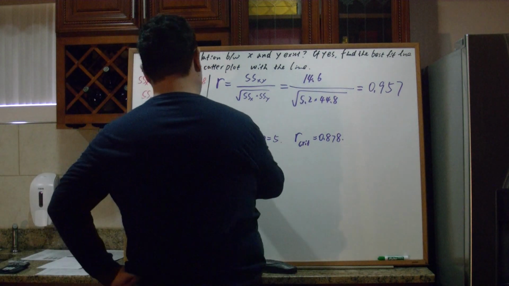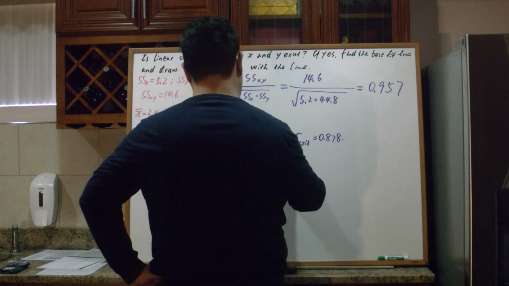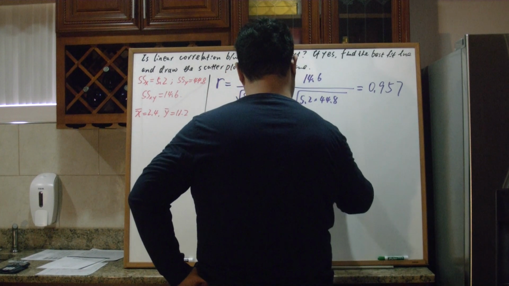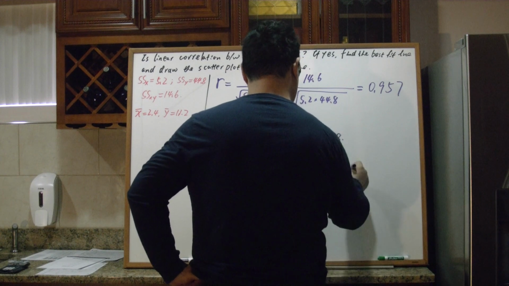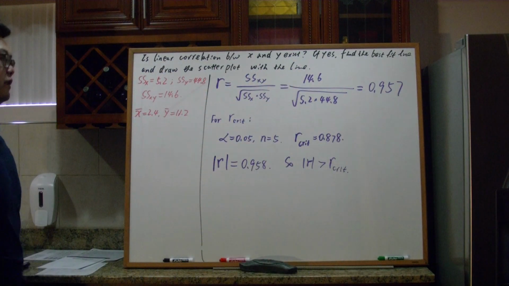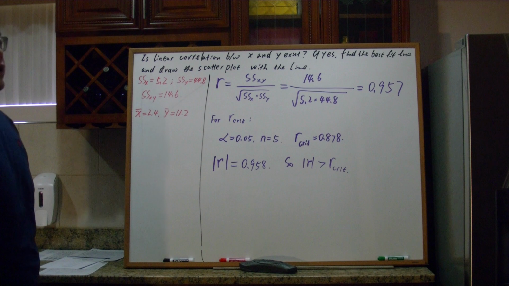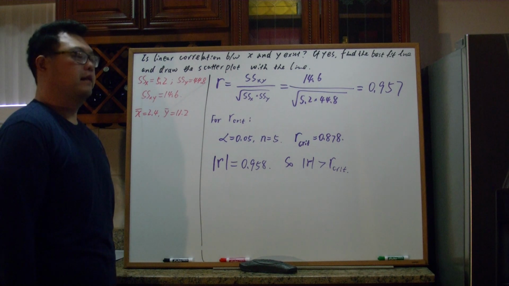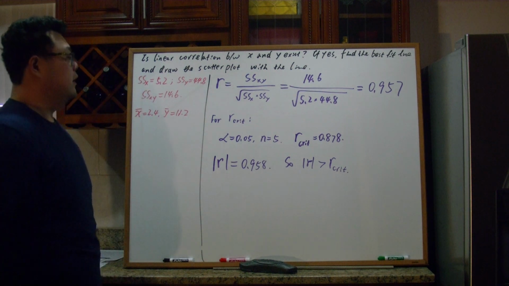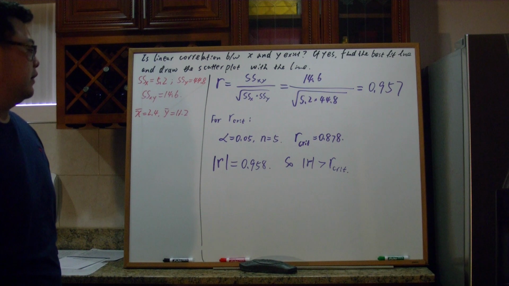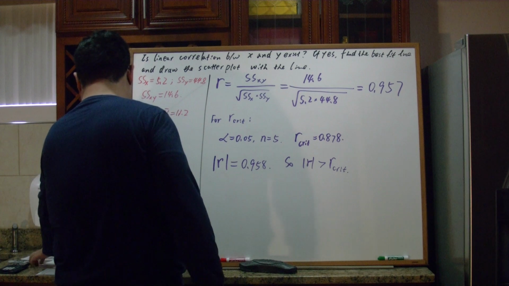So what we compare is the absolute value of R, that is 0.957, and the absolute value of R is larger than the critical R value. Later on, we will have some other ways to do this, but for now, that is what we have for the critical value. Just find the absolute value of R and see what we have.